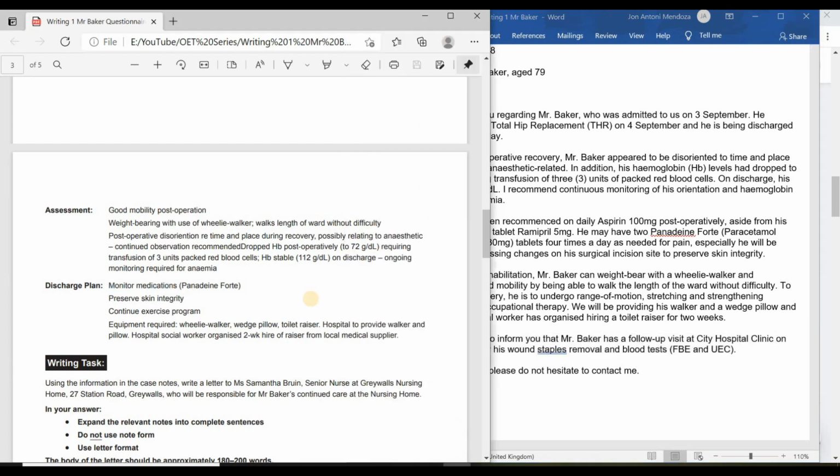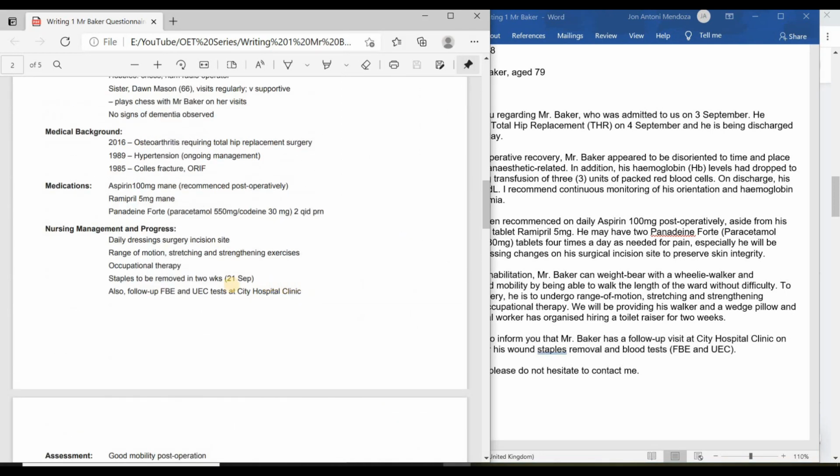Okay, and from your test booklet, we've covered this part here. Okay, so it's important to hand over to the nurse looking after him important details like this, not only in the hospital but also outside the hospital. So that includes staple removal and also blood tests to check his blood chemistry as well.